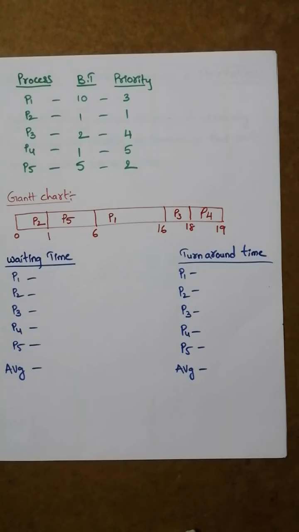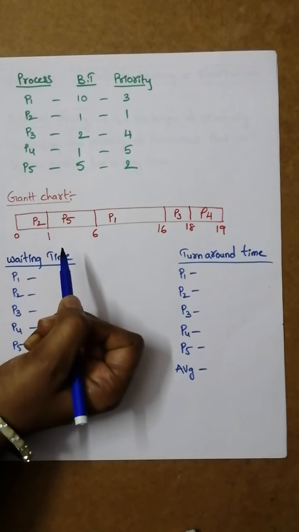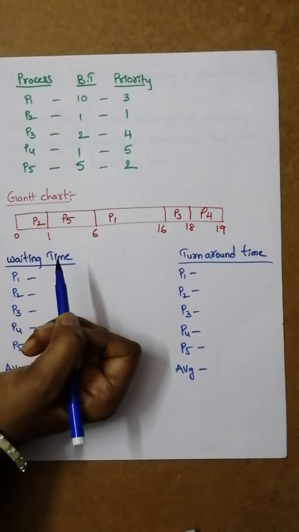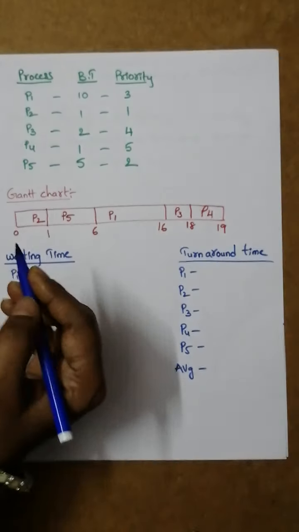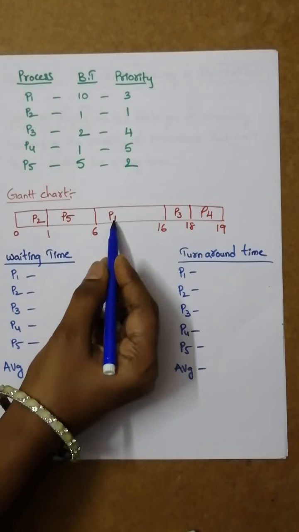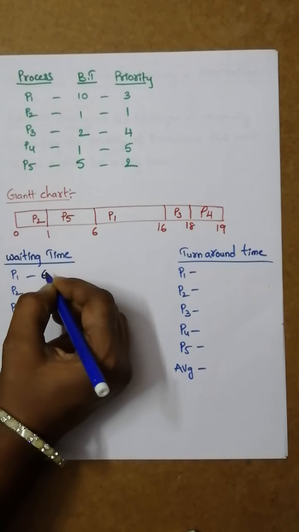Now let's see how to calculate the waiting time and turnaround time. It is the same as our previous scheduling algorithms. We have assumed that everyone came at the same time, so based on the Gantt chart we can easily find that. Waiting time of P1: it got the CPU at the 6th millisecond, so the waiting time of P1 is 6.